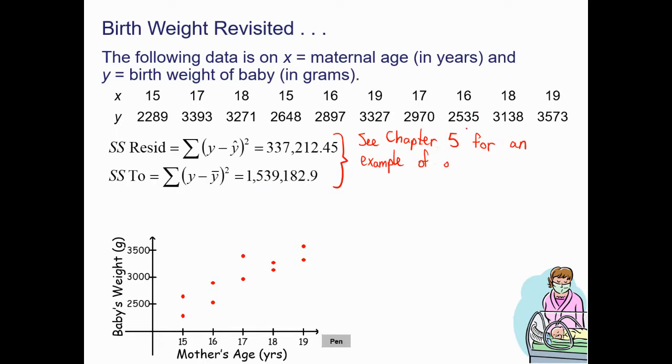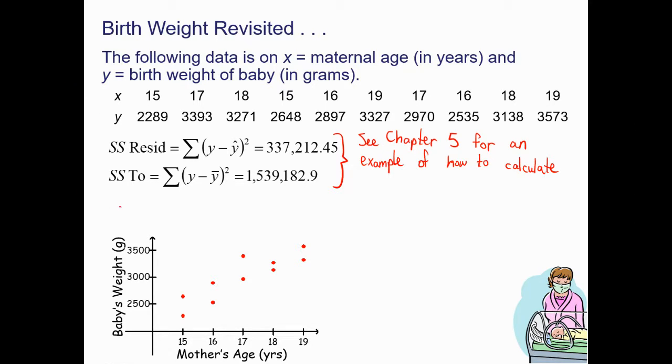I gave you all the formula there, but if you want to see an actual worked out example, we did a full-blown one in Chapter 5. And they're asking us to use these to calculate the standard deviation and the R squared.